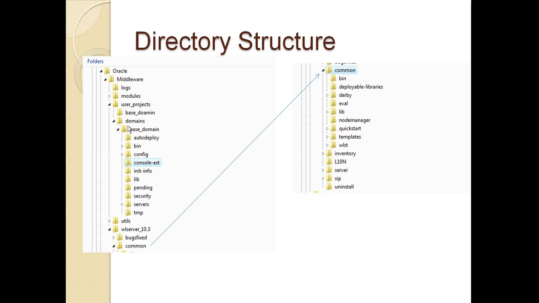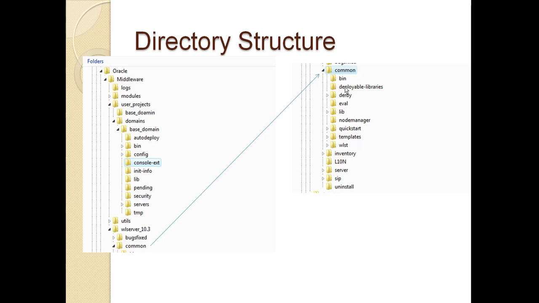So these all files and folders are related to a domain, at domain level. And utils is another folder, at WebLogic server level, and this is the most important folder when you install WebLogic 10.3, where you will find commands for creating domains, running pack and unpack commands, starting node manager and all.